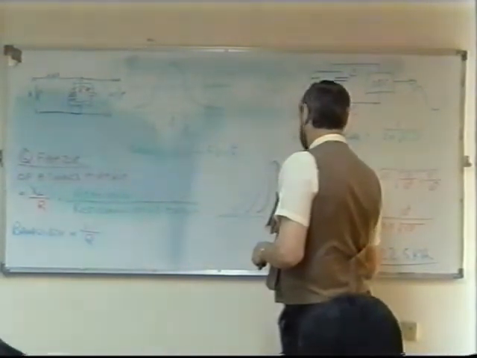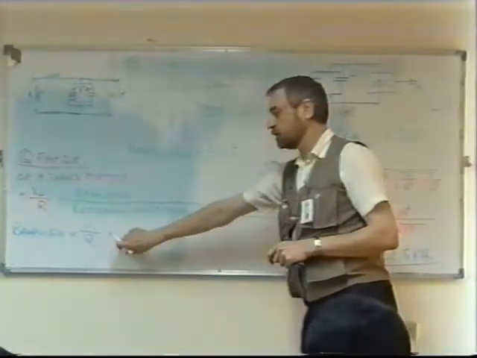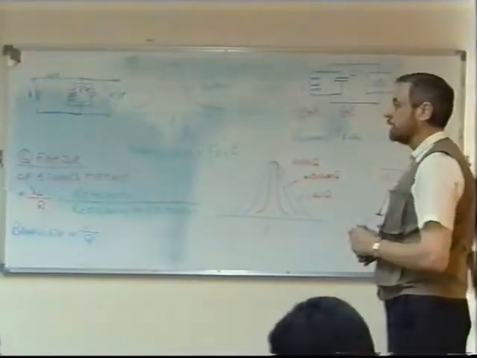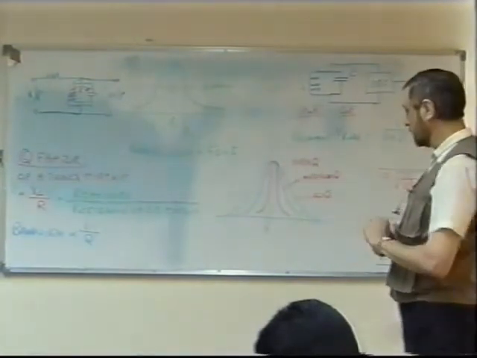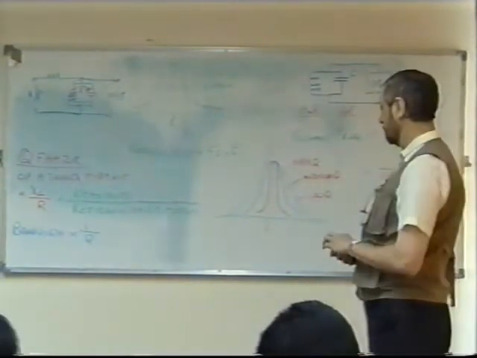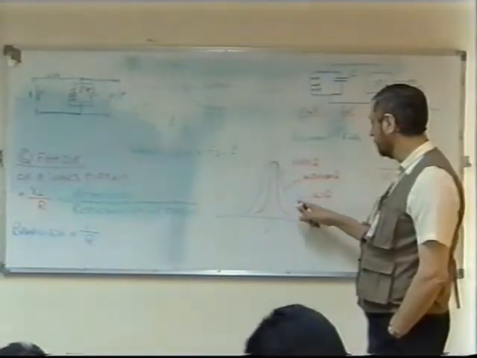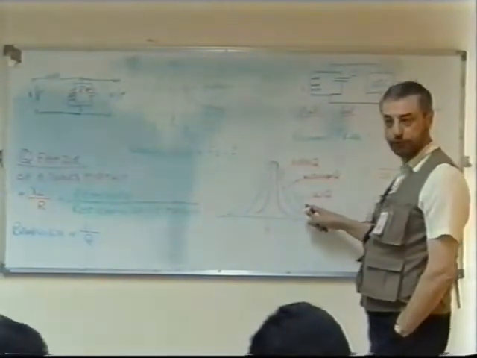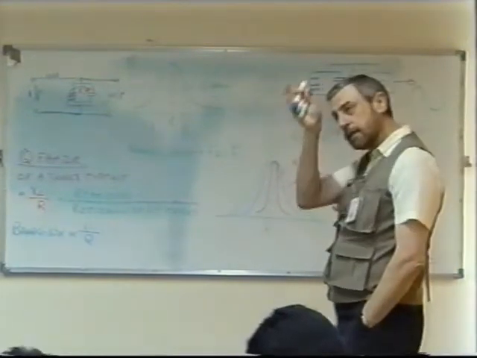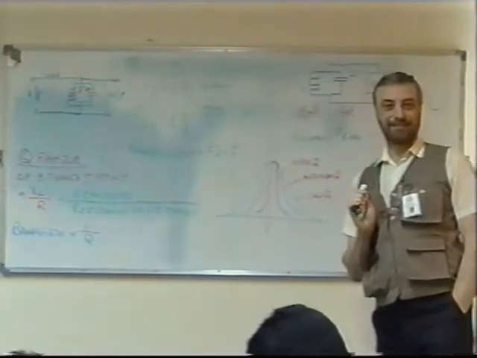Now, I'm not going to go into the exact math here. Just recognise that the bandwidth of the tuned circuit is inversely proportional to Q. So in this example, the red would be high, blue medium, and green the low Q. But all of them have exactly the same resonant frequency, no difference in that.